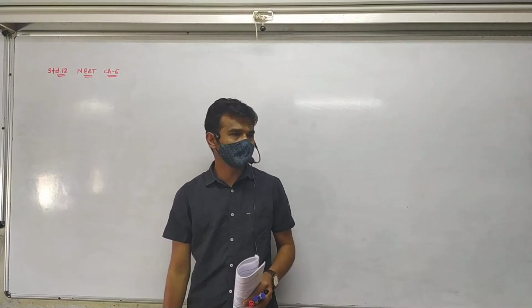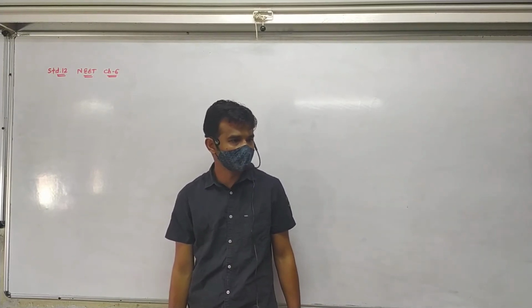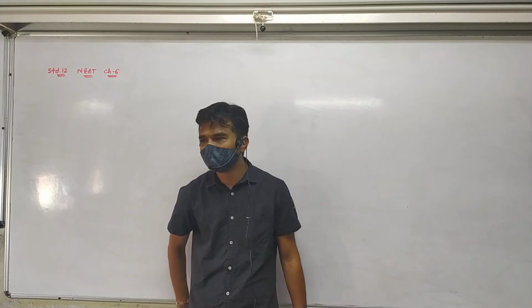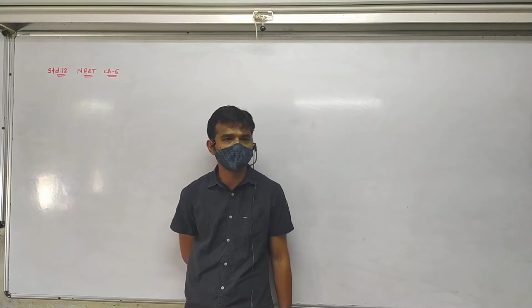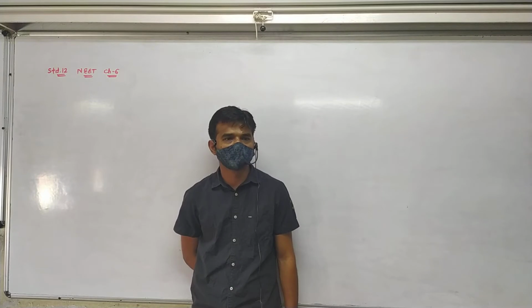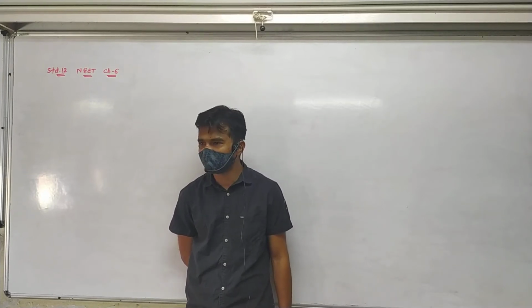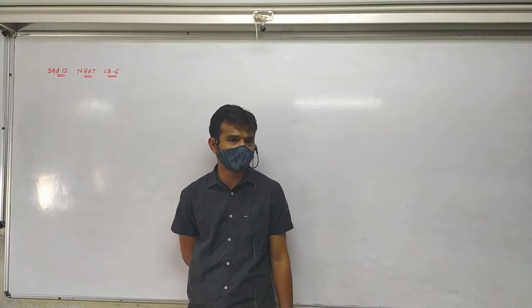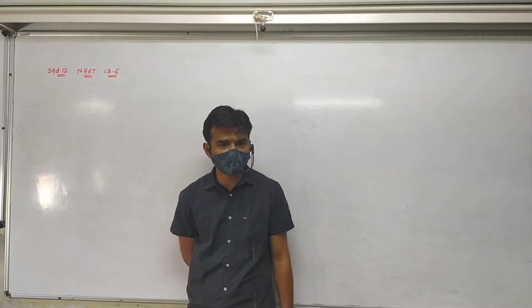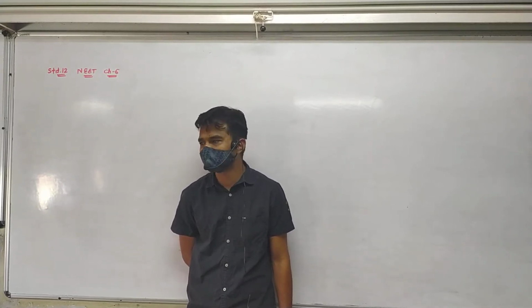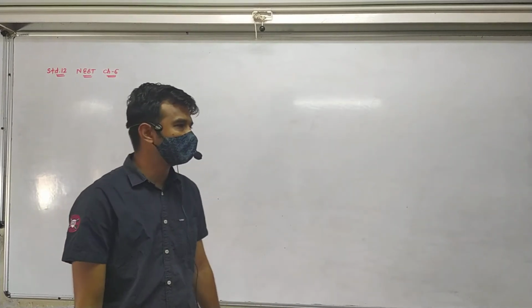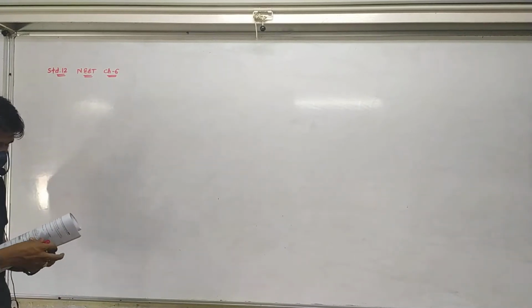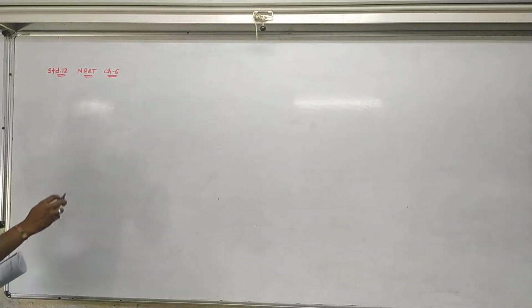Now the last question. Okay, if I have to form a protein which consists of 50 amino acids, how many nitrogenous bases are present on its mRNA? And how many nitrogen bases are present on its DNA? So the question is this.